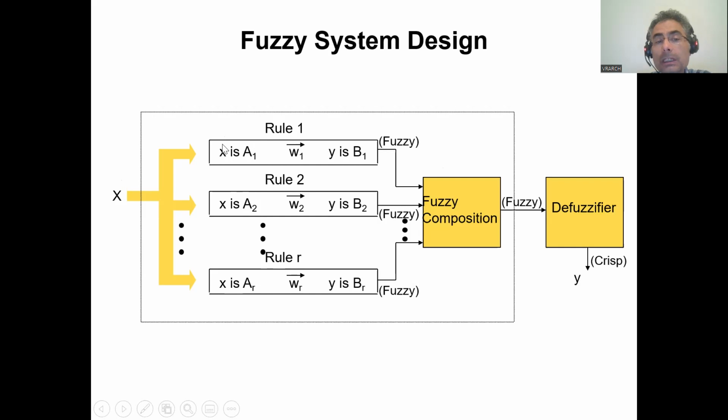So the value is now becoming a degree between 0 and 1, like a fuzzified degree in the rule, and you are bringing all these rules together in one way or another, and then now the output of this fuzzy composition is still fuzzy, and it needs to be defuzzified to translate into a real world number.